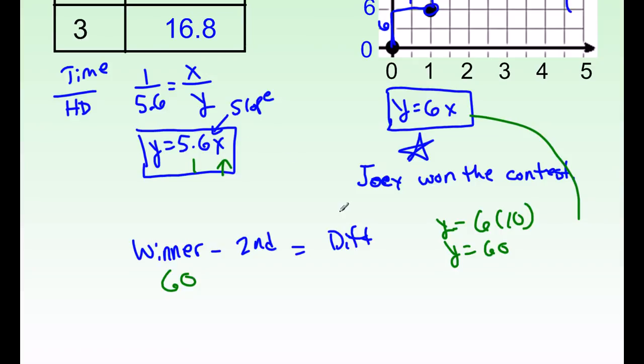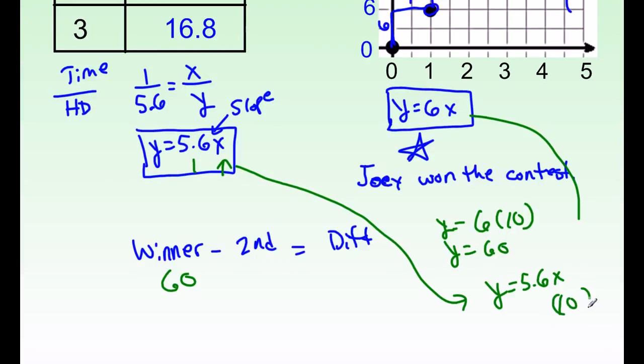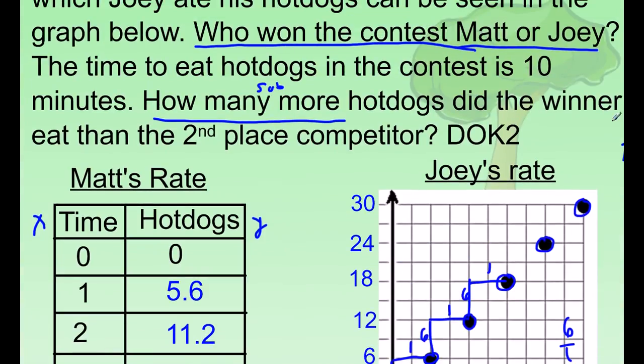Okay, what about Matt? Matt's rate, y equals 5.6x. So in 10 minutes, Matt ate 56 hot dogs. And if you subtract them, the difference is 4. So there was a 4 hot dog difference between the winner and the second place. So let's write that down, so we make sure we answer the question.